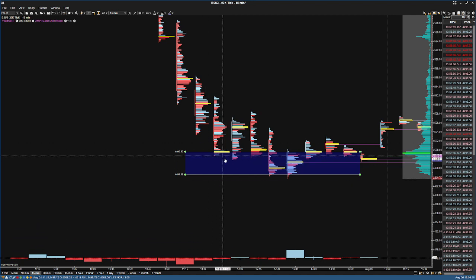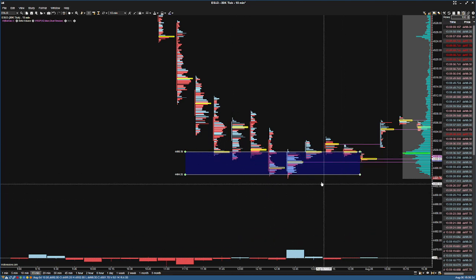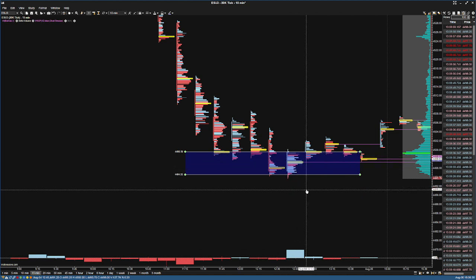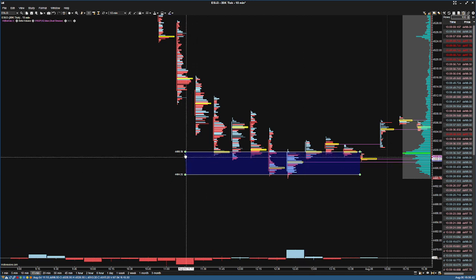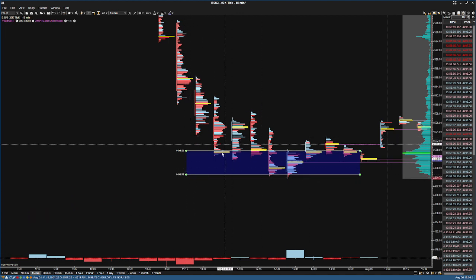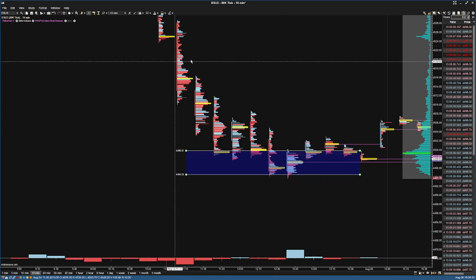To 4,500, it doesn't surprise anybody. There's one POC there, one other POC there, another POC there. So you could bring it up to there. So it's a little bit higher than all the positive delta in that 15-minute candle right there. This isn't giving us exacts in terms of numbers and whatnot, but it gives us a buying zone where a whole bunch of people bought a whole bunch in the day.